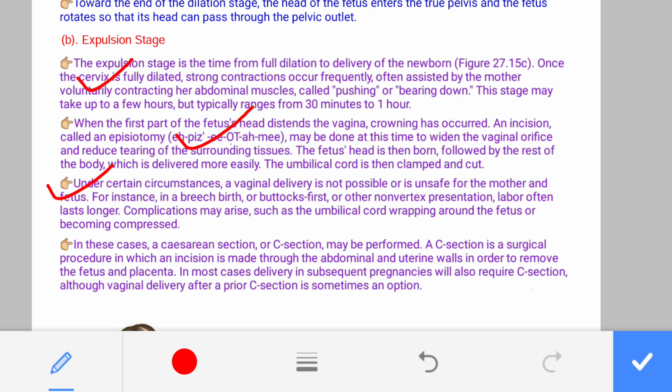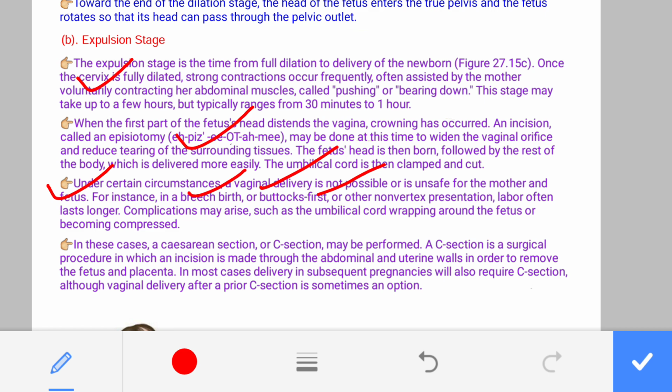Okay, now sometimes what happens, the pregnant mother is underage, or the mother's health is not good, or the baby's health is not good, or the baby's position is not proper. That means the head is not pointed towards the cervix, or we can say the baby is in the inverted position.